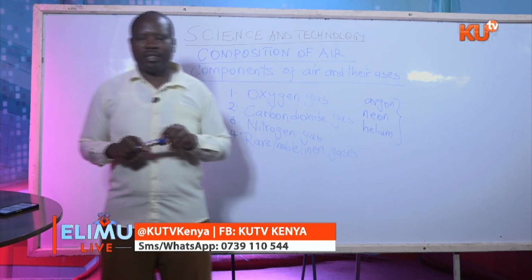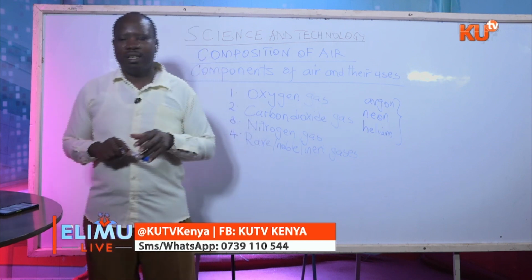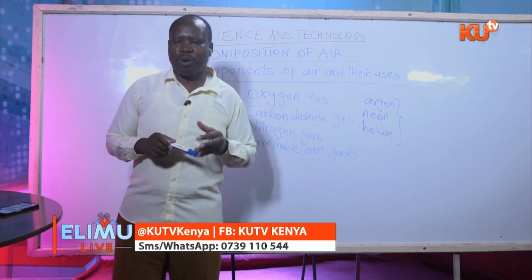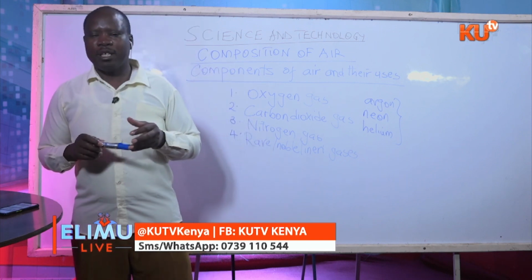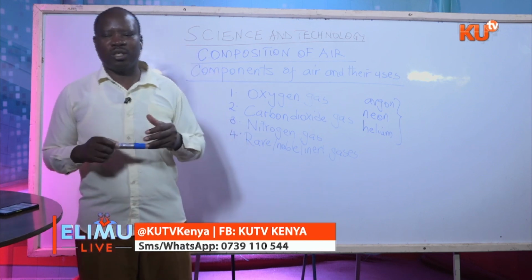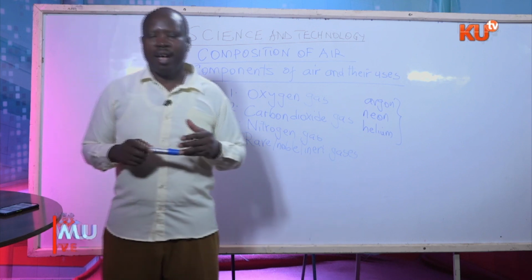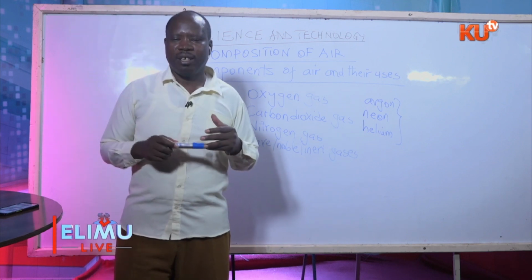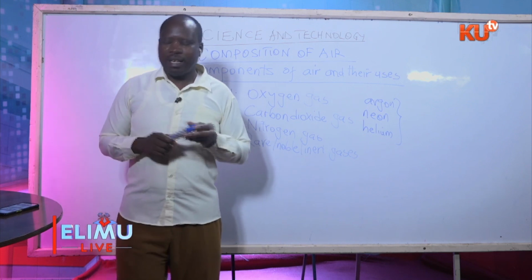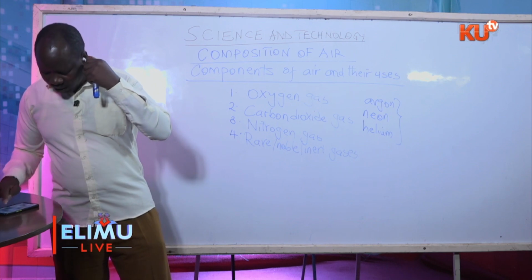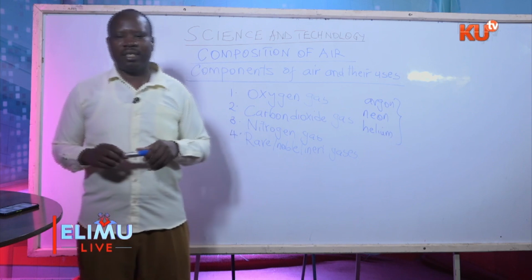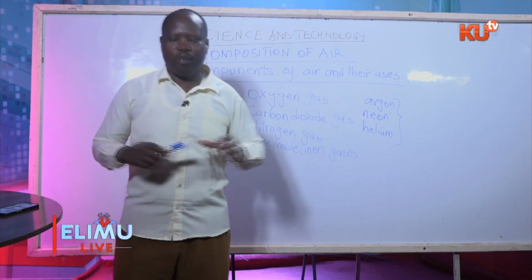Remember number 1, we said carbon dioxide is used in photosynthesis, that is process where plants make their food. Number 2, we have seen that carbon dioxide is used to preserve food and particularly soft drinks like soda. Then number 3, we have seen that carbon dioxide is used in fire extinguishing, that is to put out fire.